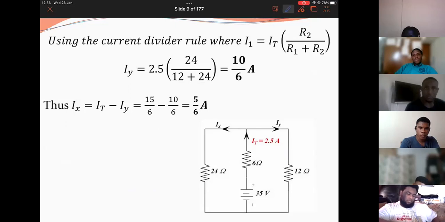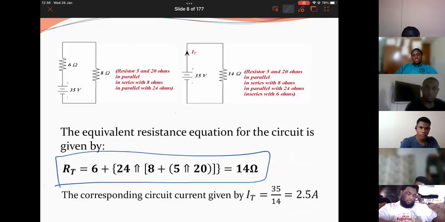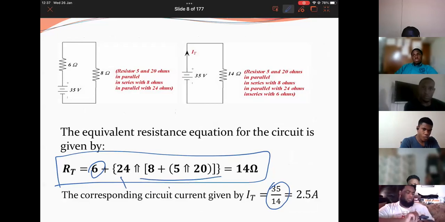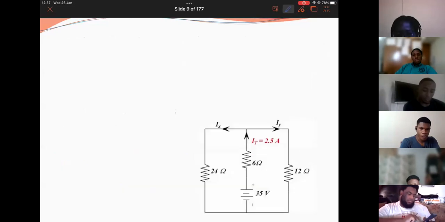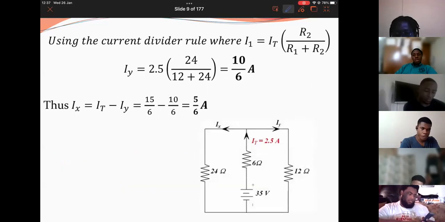So if we work backwards, looking at the resistance equation, we know the 35 over 14 would pass through the 6 because it's in series. Then we had 24 in parallel with the rest of the circuit, which was 12. So all of this was 12. Good. And then we had the 5 and the 20. So those are the divisions that I'm going to be applying. So we first have the 2.5 divided between 24 and 12.